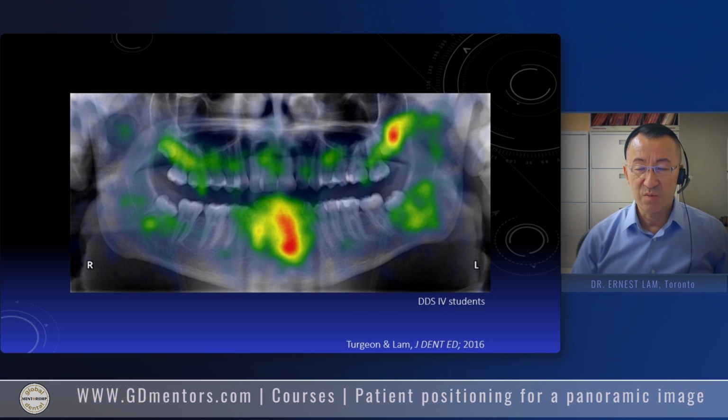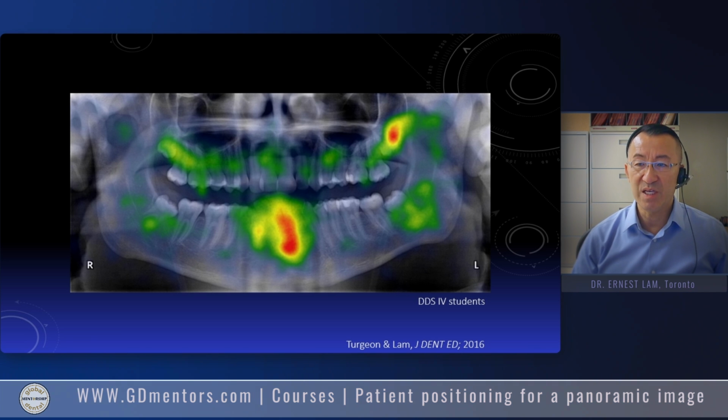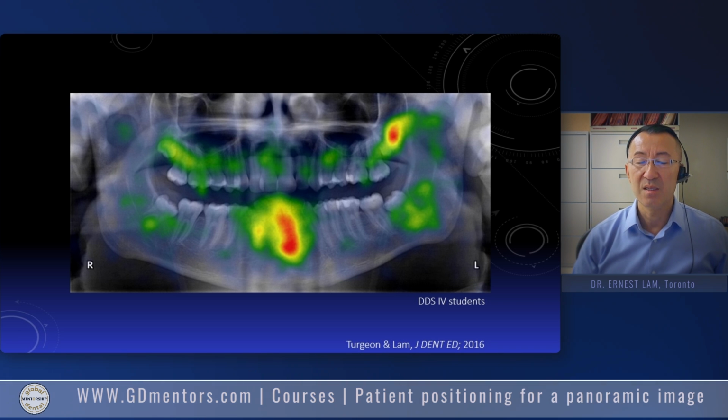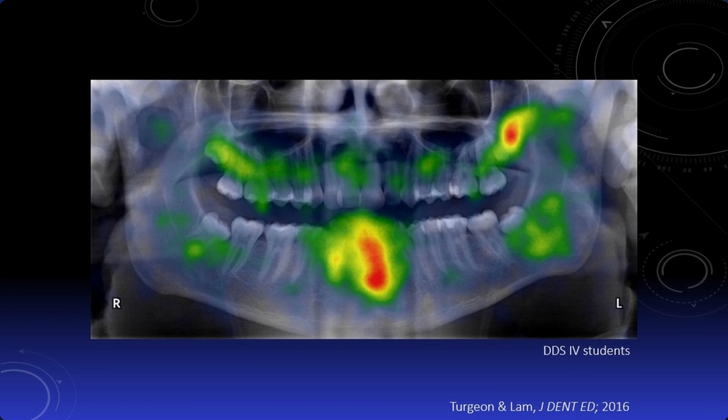What we also did with our eye tracking system is we looked at each image and we looked at where students were spending the most time on the image. This is a so-called visual heat map that shows two areas where students spent a lot of time.